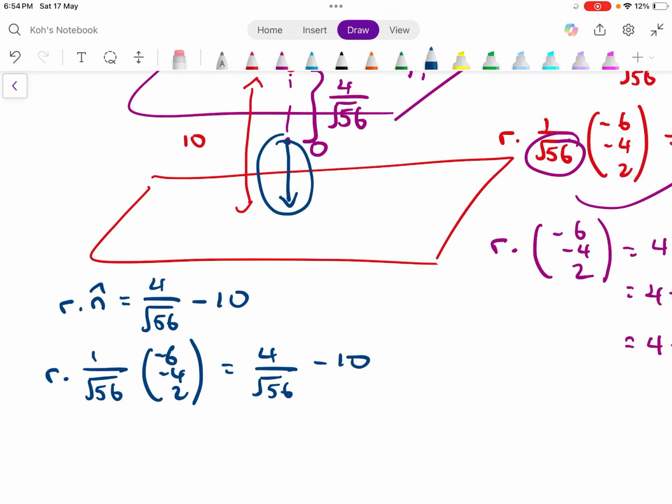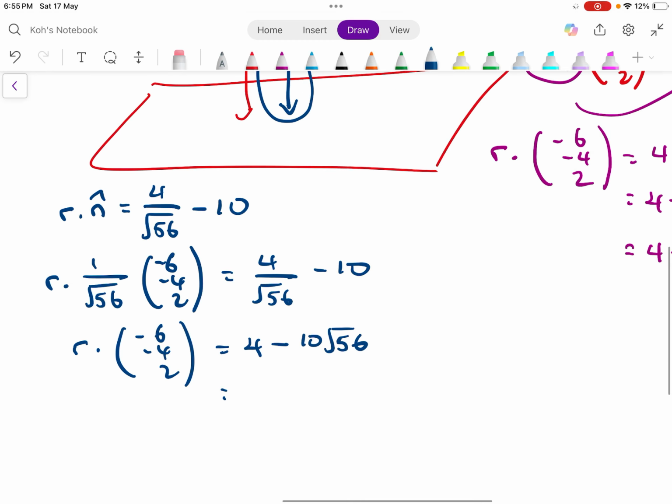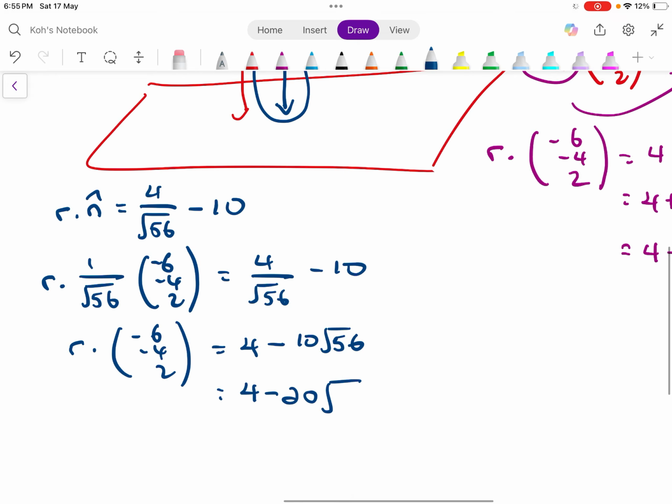And then just simplify further. So r dot (-6, -4, 2) is equal to 4 minus 10 square root 56, which will result in the form of 4 minus 20 square root 14. Should be, yeah, correct.